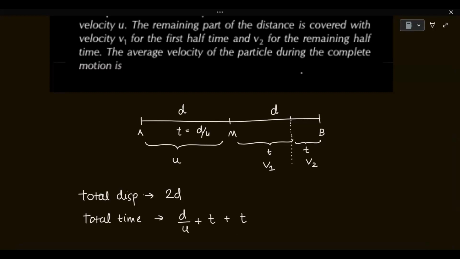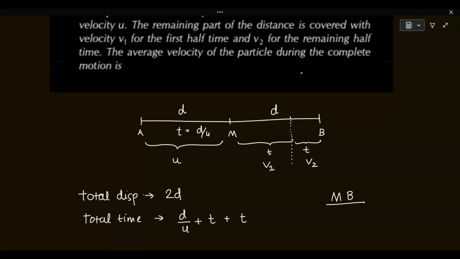Total time will be the time from A to M, which is d by u, easily found by saying d by u, because d is the displacement and u is the velocity. And then in the second half, M to B, it was t plus t. Now we have to find the value of small t. For that, I'm going to consider only M to B. The M to B displacement is d.